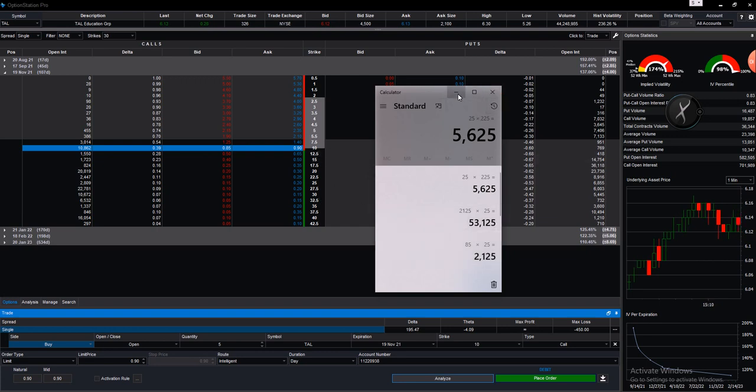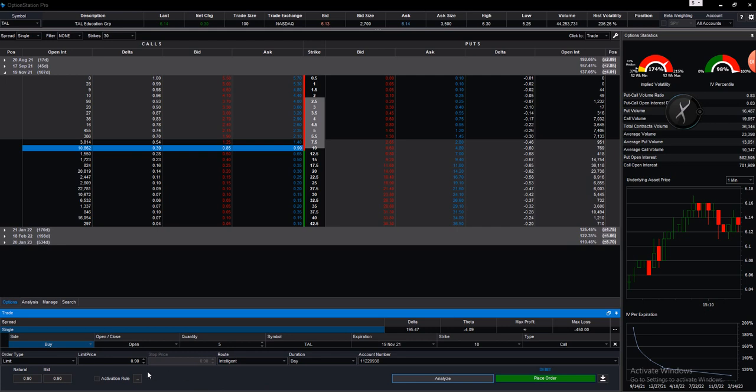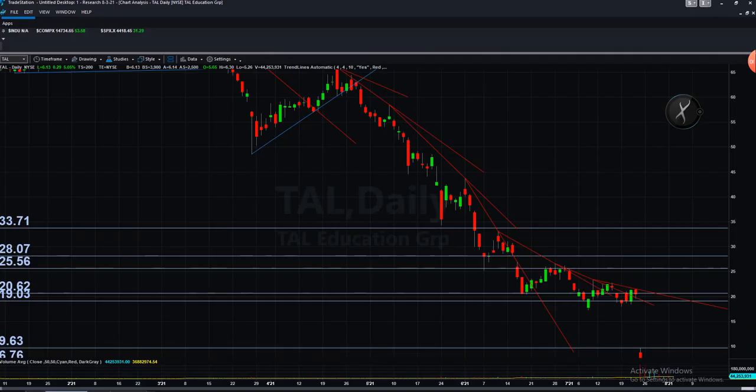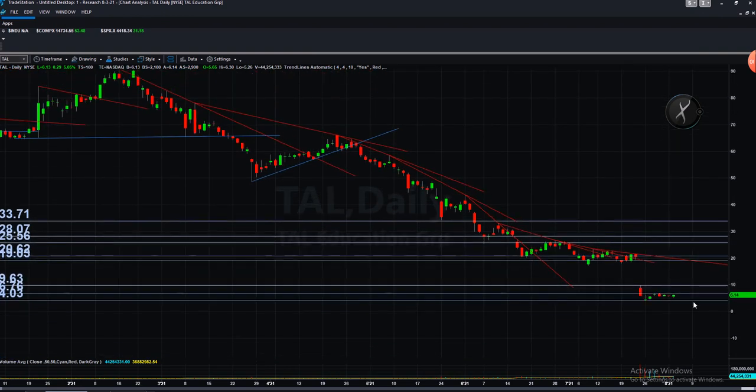Now, the way I'm looking at the stock is more of a longer term type of trade where I'm looking to get in at somewhere where it's trading now. So I'm looking to get in, say, $6. Right.